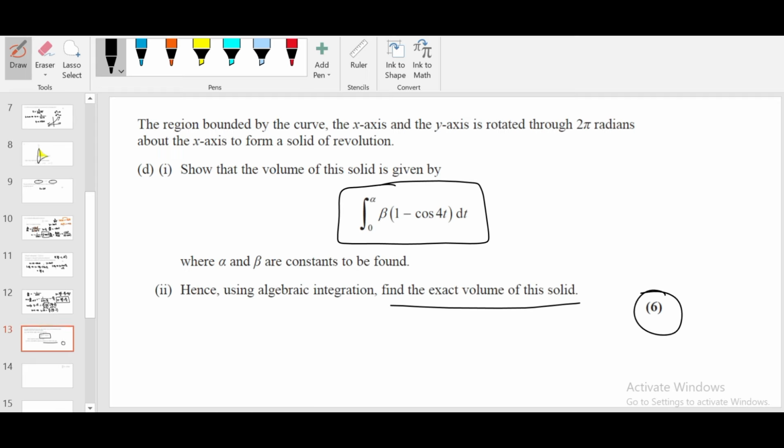So when you have parametric equations, the formula to find the volume is pi integral y square, in this case y of t square, t1 to t2, x dx is x dash of t, differentiate x and then dt.